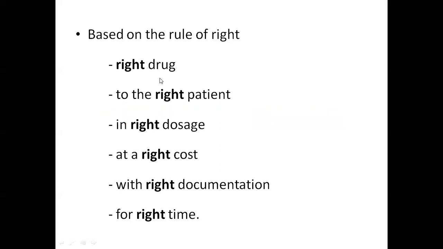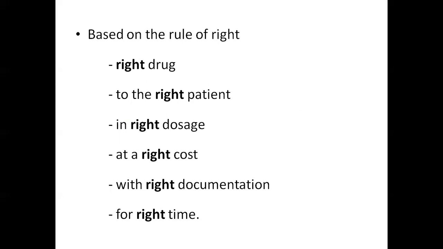Next, rational use of drugs. What is rational use of drugs? It means we have to use the drugs properly, correctly. We are based on the rule of rights: the right drug to the right patient in the right dosage form at the right cost with the right documentation for the right time. Here the patient is coming and complaining, so we have to diagnose the patient.